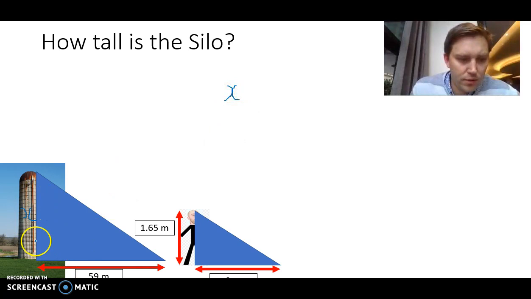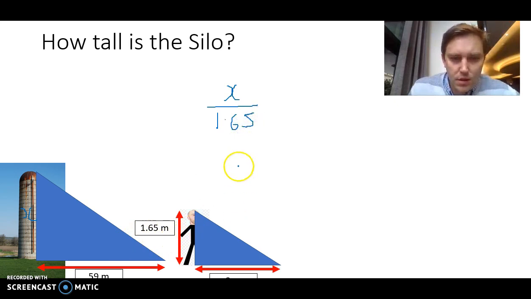Now we know that this side of the triangle has been enlarged from this side of the smaller triangle. So I can make that, now divided by the height of Mr. Langhans, and that has got to equal the size of our large triangle.